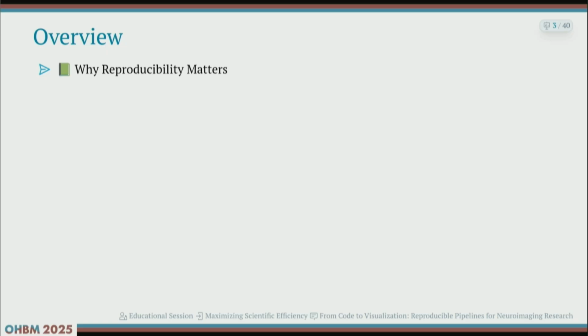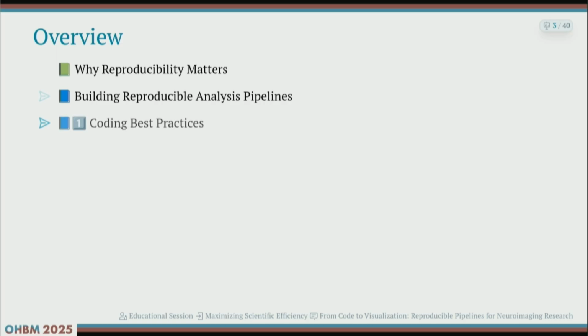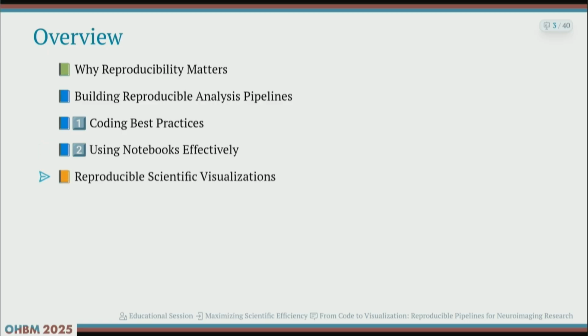So what are we going to talk about today? We are first going to talk about why reproducibility matters, and then the talk will basically divide into two sections. First, we're going to talk about reproducible analysis pipelines, so taking small steps to make our code more reproducible, and that's basically talking about coding best practices and why Jupyter notebooks are an effective tool to help.